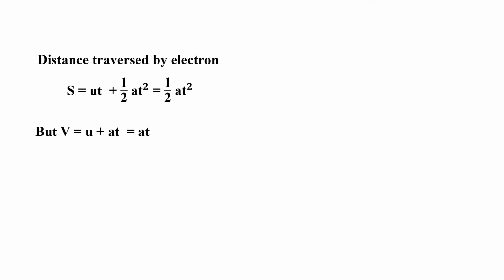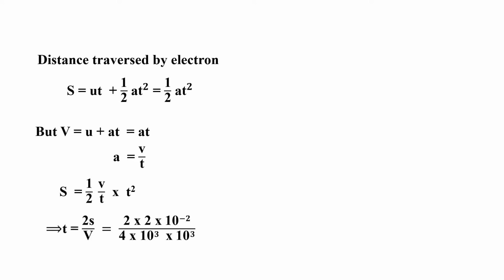But v is equal to u plus at. u is also 0, so v is equal to at. a is equal to, from this it can be written as v by t. So S is equal to half, substituting the value of a, half v by t into t square. t gets cancelled. So S is equal to vt by 2.